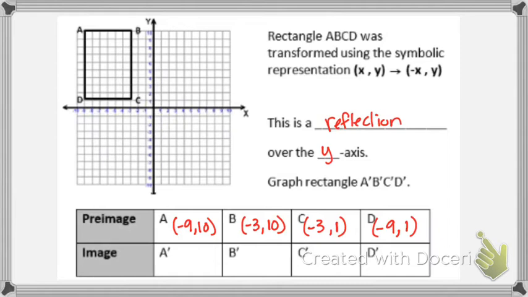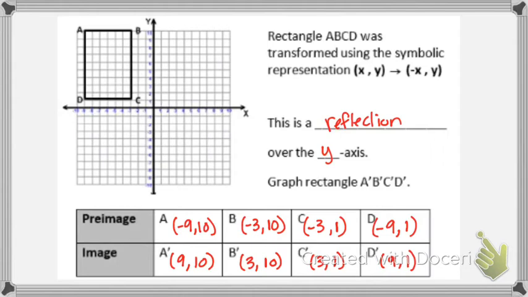All we have to do is just change the x into a positive. So instead of negative 9, we just put 9, 10, 3, 10, 3, 1, and 9, 1.